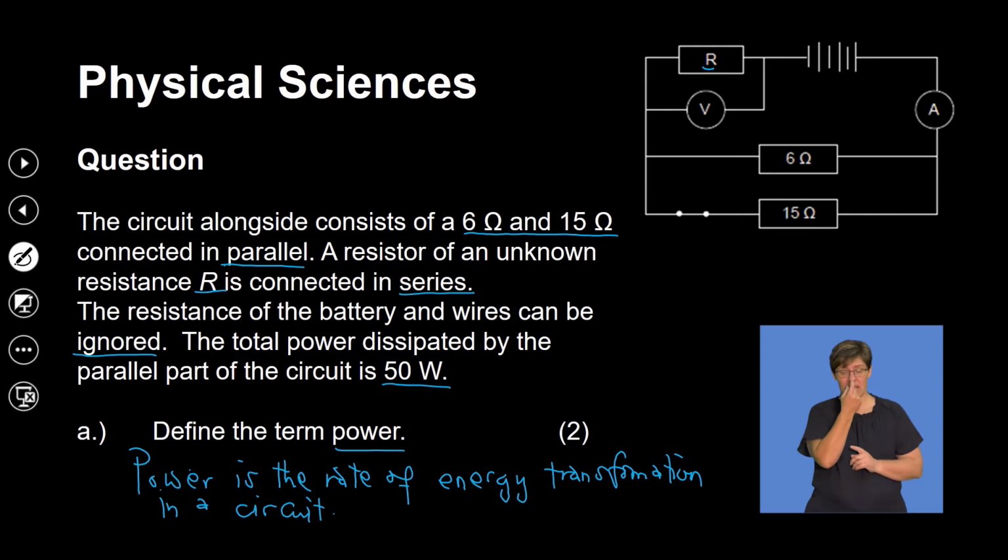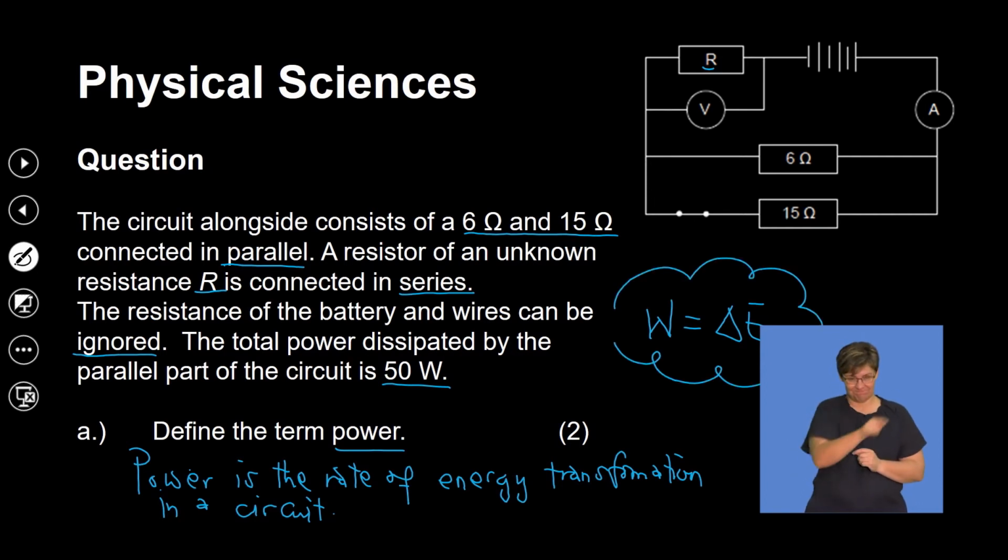We understand that power is the rate of energy transformation in a circuit, or work done, because when energy is transferred, work is done. Work is equal to change in energy, so work is energy, energy is work. This is the main concept regarding work and energy. But again, we can say P is equal to W over delta T.